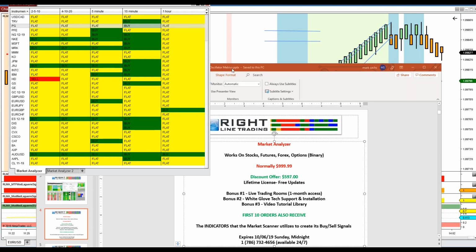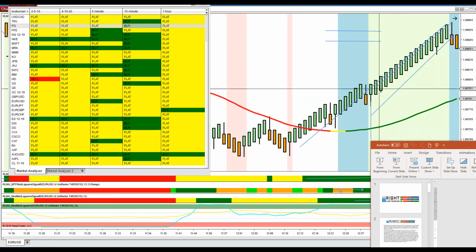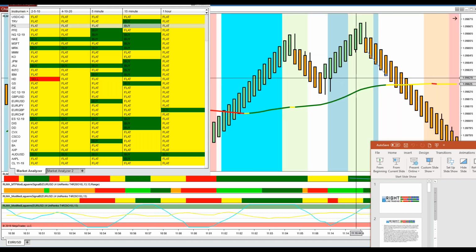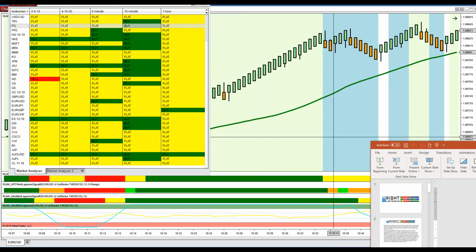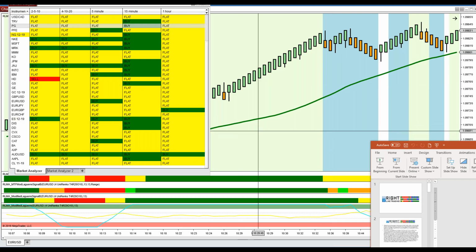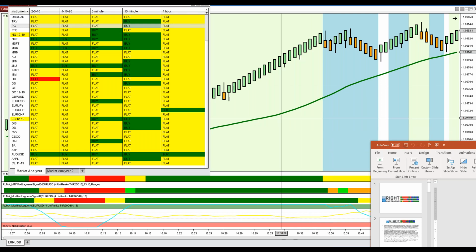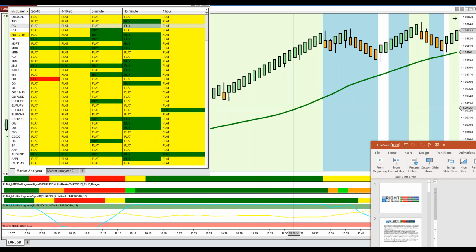But if you're one of the first 10, you're actually going to get the software. So in that, we're going to format this for you and create the templates. If you're trading the 4-10-20, you're going to put in the 4-10-20 template. If you're trading the 5-minute, you have to put in the 5-minute template.